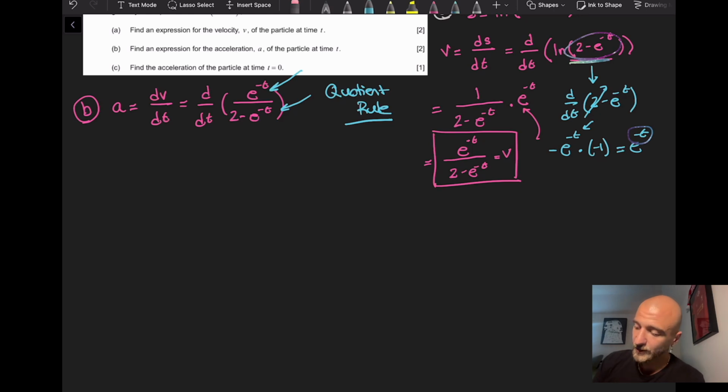To do this, I'm going to pretend this function is written in such a way that the top is a u and the bottom is a v.